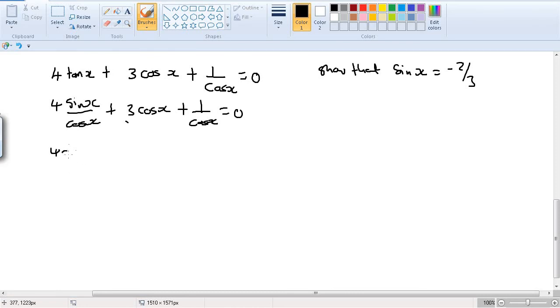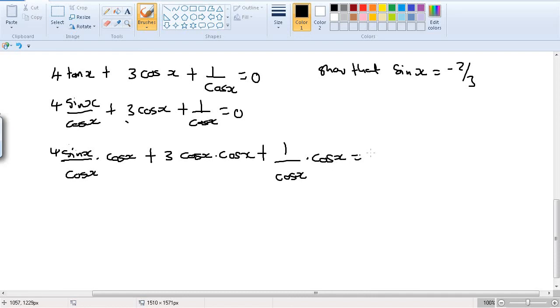So 4 sin x over cos x times cos x plus 3 cos x times cos x plus 1 over cos x multiplied by cos x equal to 0 times cos x, which will eventually give us 0.